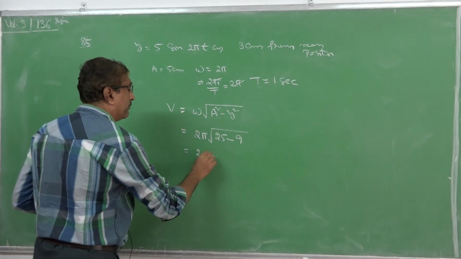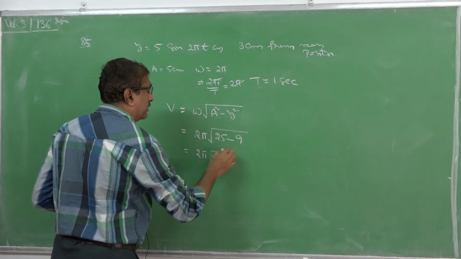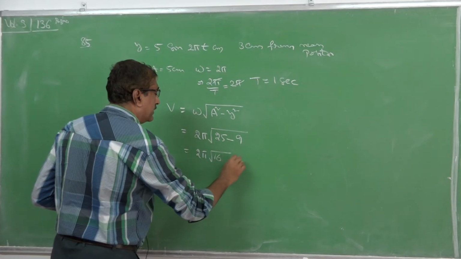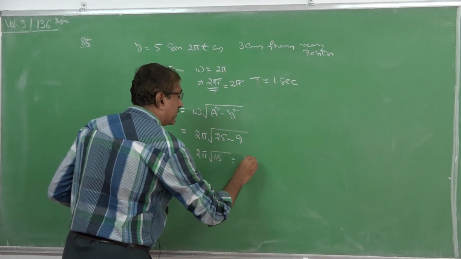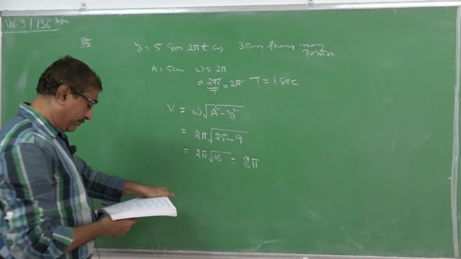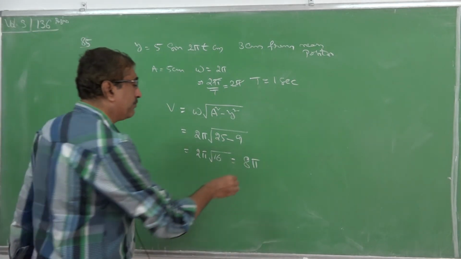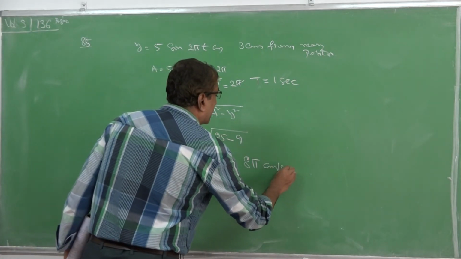That is 2 pi into square root of 25 minus 9 is 16, root 16 means 4, 4 twos are 8 pi. 8 pi centimeter per second.